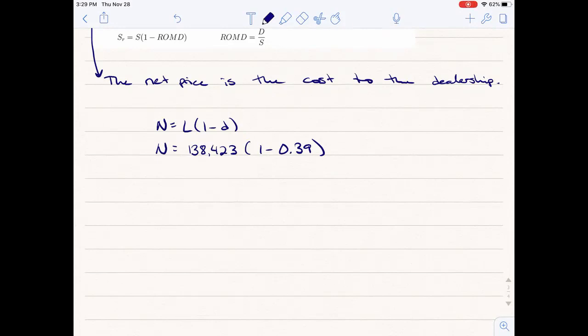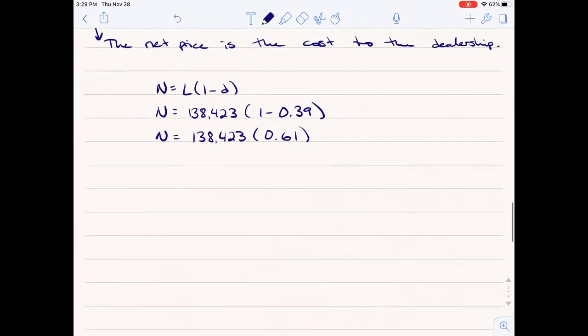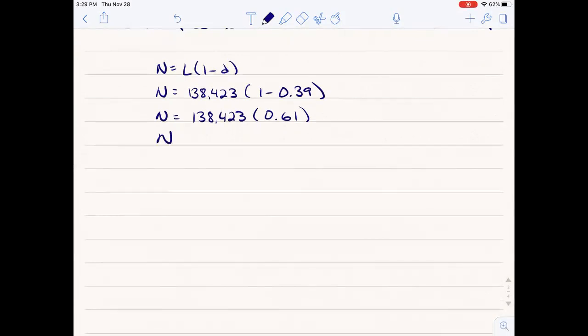So 1 minus 0.39 is, so N is 138,423 times 0.61. I'm showing every step so that you can refer back to it. You wouldn't have to really show this step, but times 138,423.